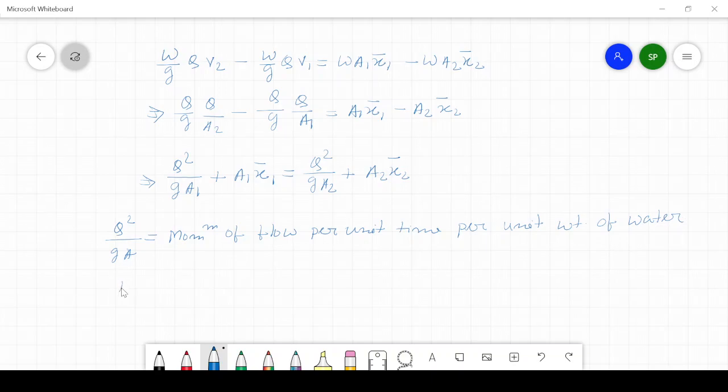And A x bar is equal to what? Force per unit weight of water.